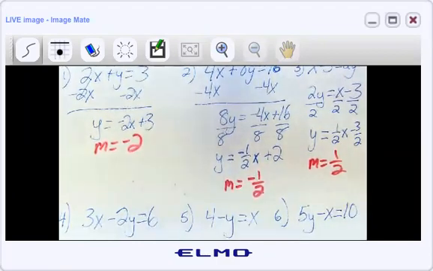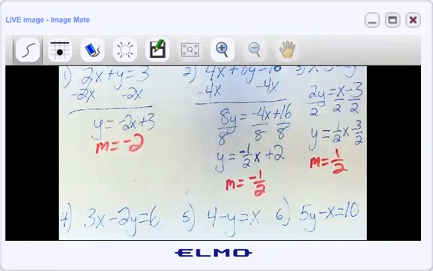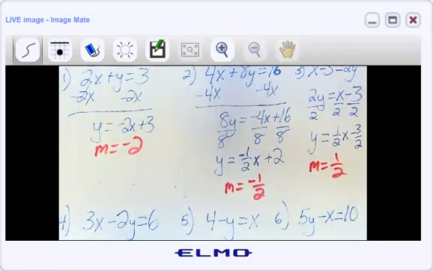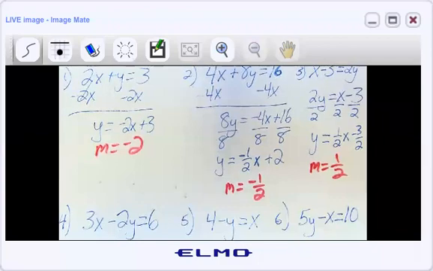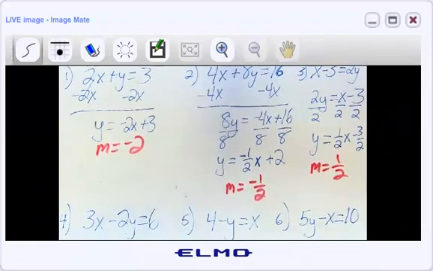All right, try these 3, everybody, 4, 5, and 6. I'll leave the 1, 2, and 3 up on the screen so you can look back at them as an example if you need it. So you're going to need to get each of these into y = mx + b form first, and then tell me what the slope is.